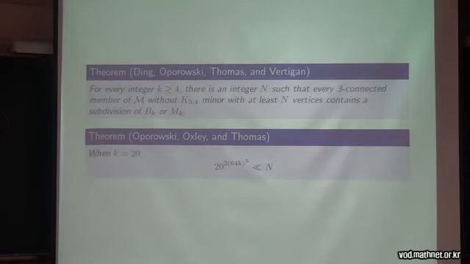This number is coming from 1993, Bogdan Oporowski and James Oxley and Robin Thomas. And this K is also 20. I need to type the number 20 in here. And this 20 is actually the same as the number K in here.